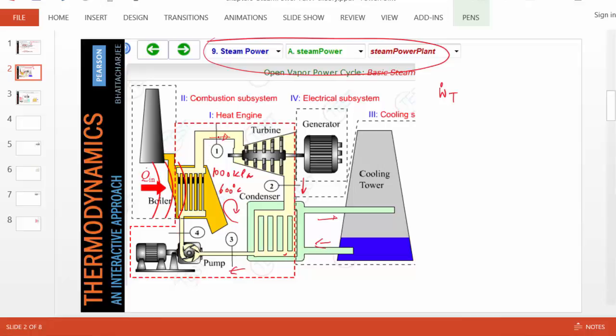So from 4 to 1, in reality pressure will decrease, but ideally, in an ideal boiler, we can assume the pressure remains the same. So from state 4 to 1, pressure remains the same. In other words, the pump raises the pressure, and at the turbine exit the pressure is much lower.